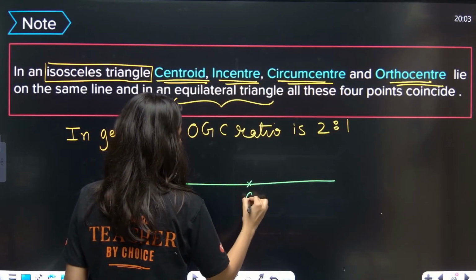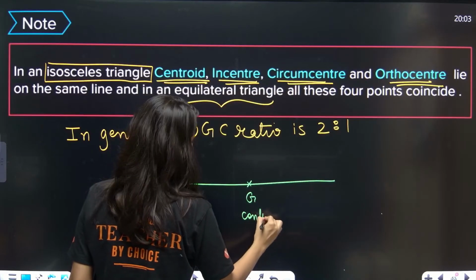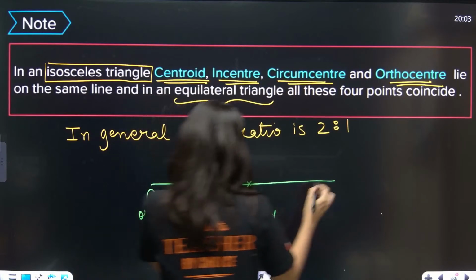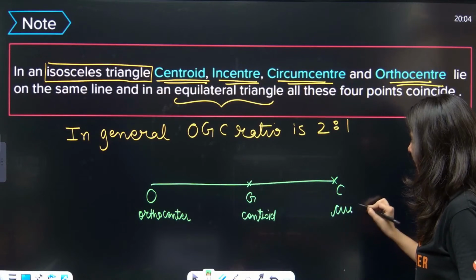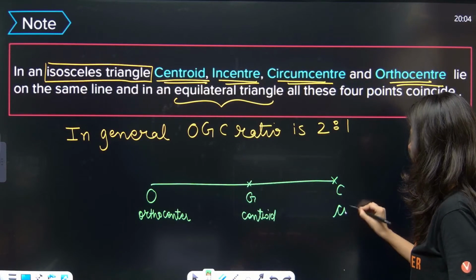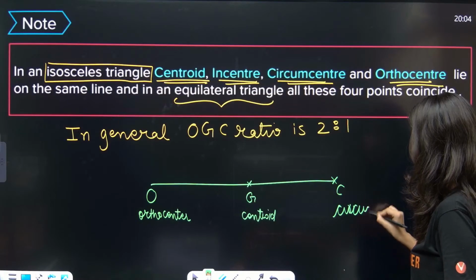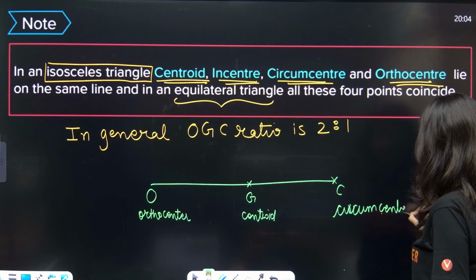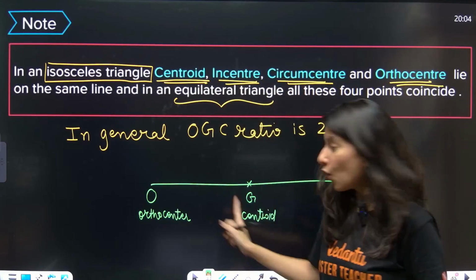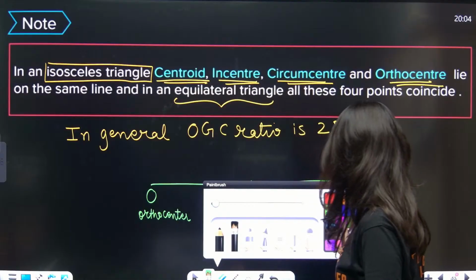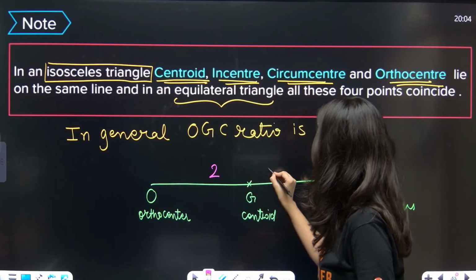G, as you all know, denotes centroid. And C is obviously circumcenter. So the centroid G divides the line joining orthocenter and circumcenter in the ratio 2:1.